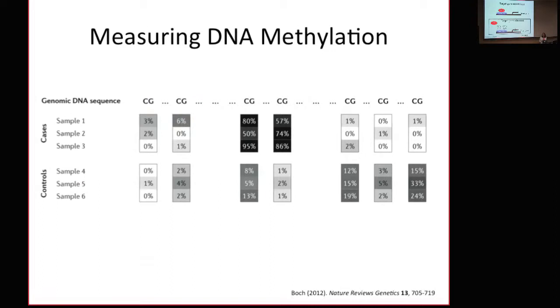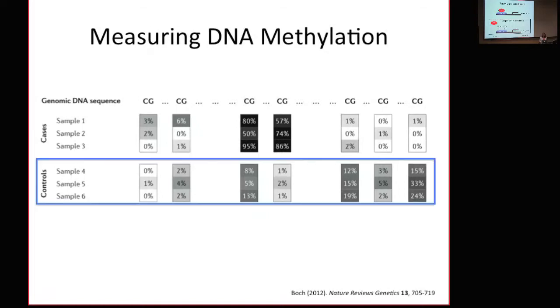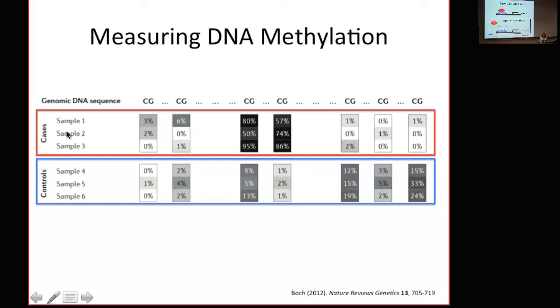So cases and controls, tumor and normal. You could have more than 2 groups, but just for now, consider just 2 groups. Here I'm going to label the blue samples as controls. There are 3 samples, and I'm drawing 3 case samples. So say the controls are normal samples and the cases are cancer samples.